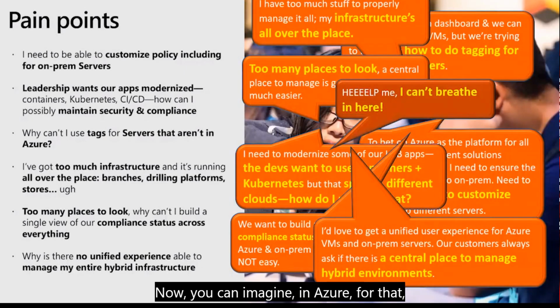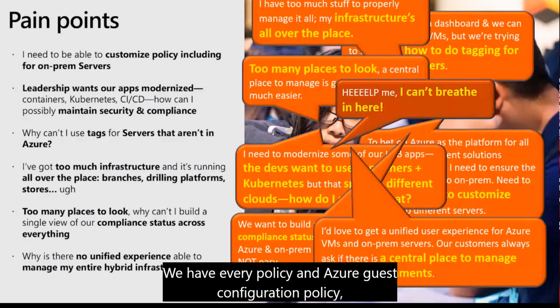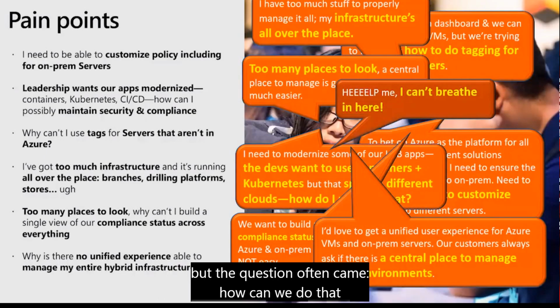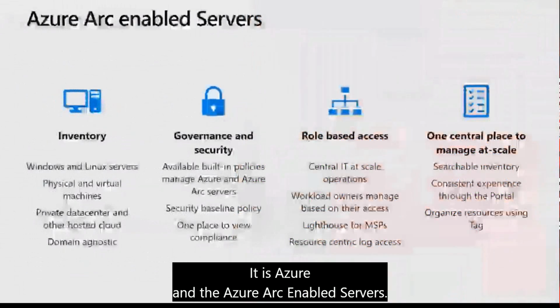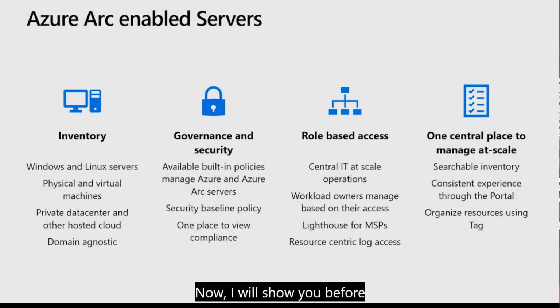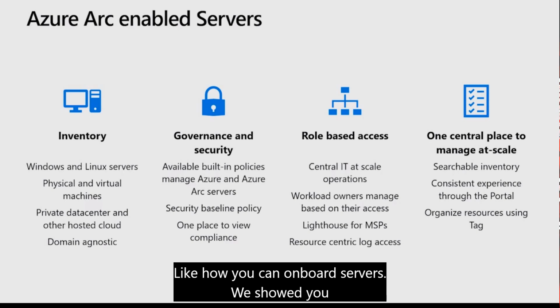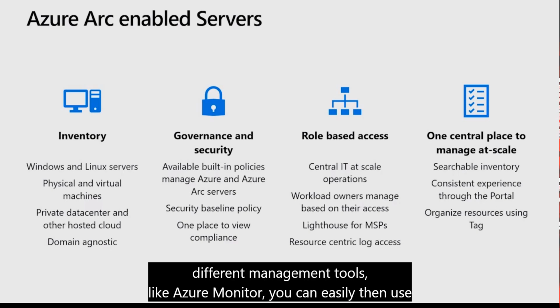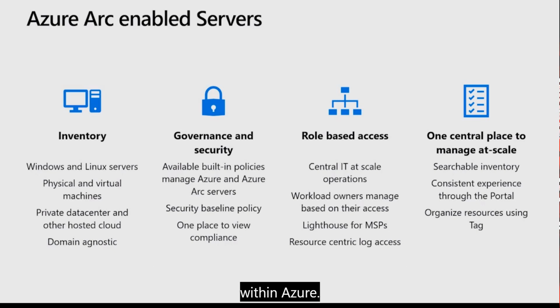Now, you can imagine in Azure, for that, we have Azure Policy and Azure Guest Configuration Policy. But the question often came, how can we do that for systems which are running outside of Azure? And the answer is easy. We talked about that before. It is Azure Arc enabled servers. I showed you before how that actually works, like how you can onboard servers. We showed you different management tools like Azure Monitor you can easily then use within Azure.